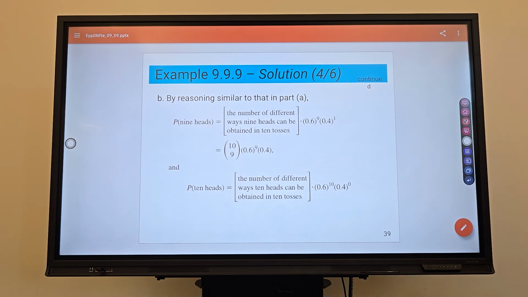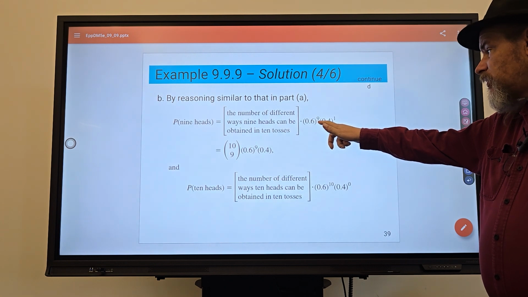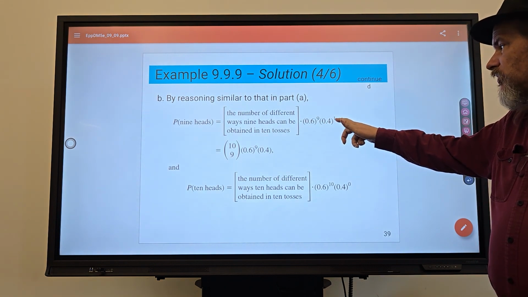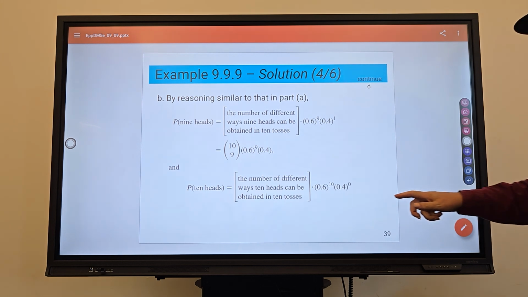By reasoning similar to that in part A, 9 heads would be the number of different ways 9 heads can be obtained in 10 tosses, or 10 choose 9, times 0.6 to the 9th power, times 0.4 to the 1st power. 10 heads is the same way.